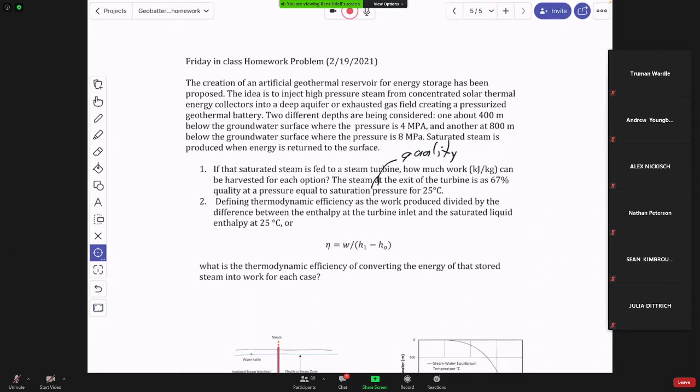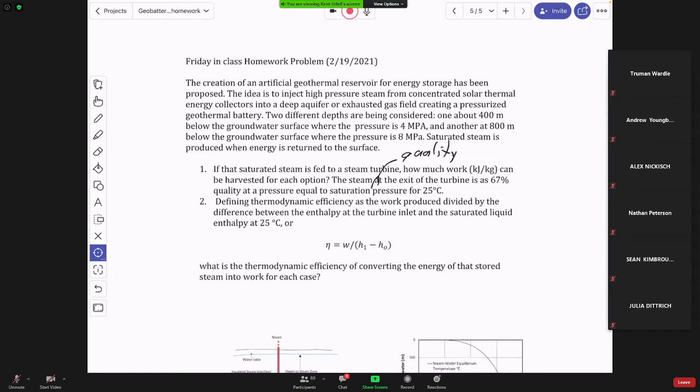Add the enthalpy of the fluid plus the quality times the enthalpy of the difference between the fluid and the gas. Exactly. So let's go to the temperature tables now, because I've given you a temperature of 25 degrees.